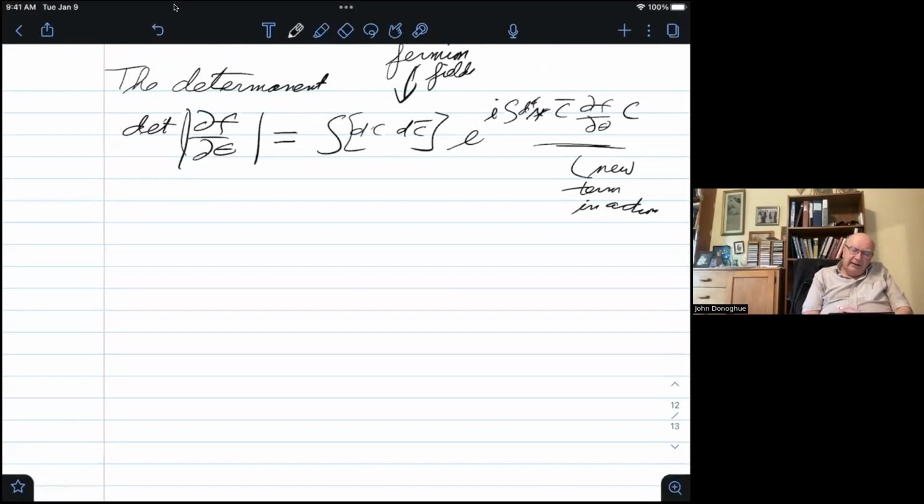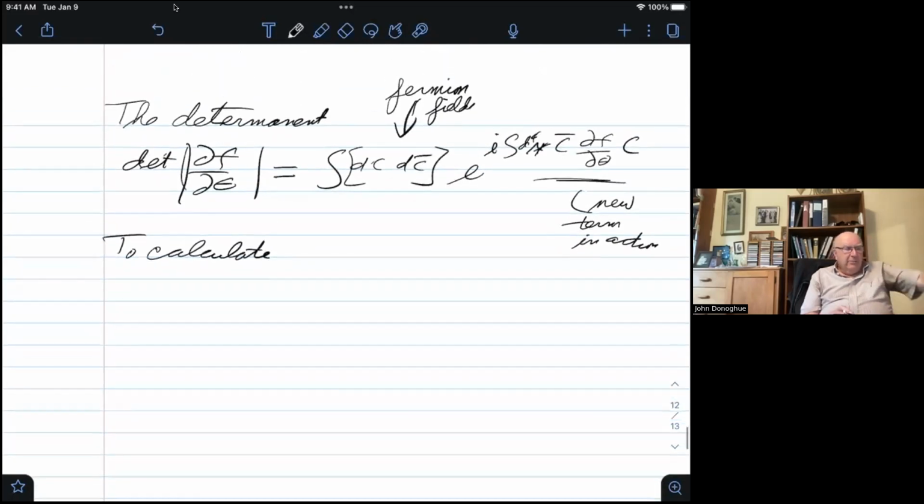To calculate that, let's go back and do it for QED. In QED, the constraint was that d mu A mu equaled some constant.